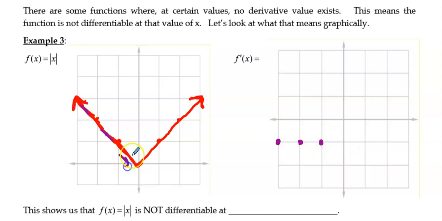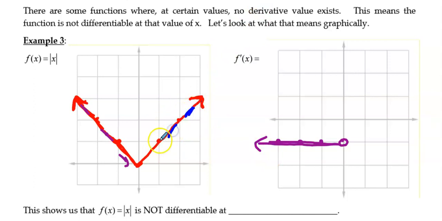Going back to our limit idea for a second, as we approach 0 from the left, we still have a slope of -1, but we don't know exactly what's going on right at 0. So we'll just draw ourselves a little line. Now, if we go to the other side of the graph, what's happening here?